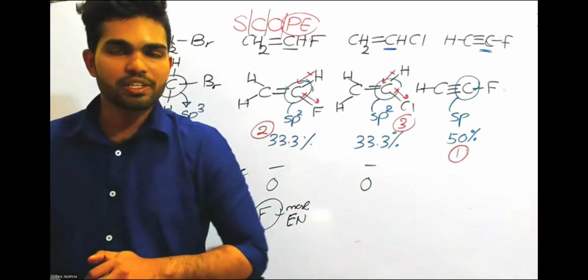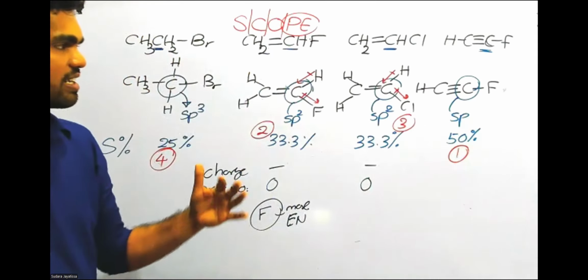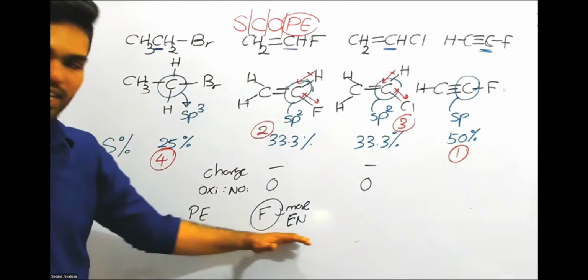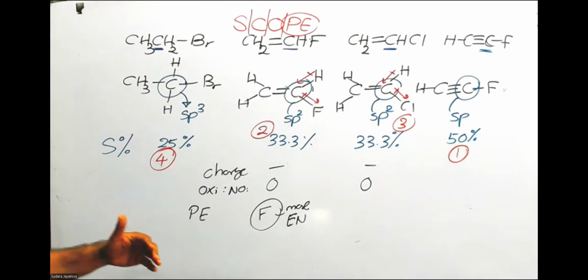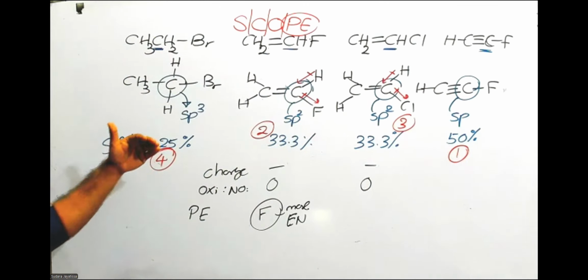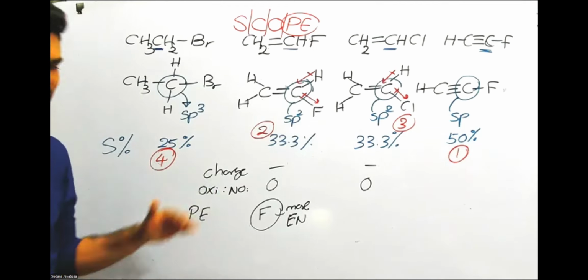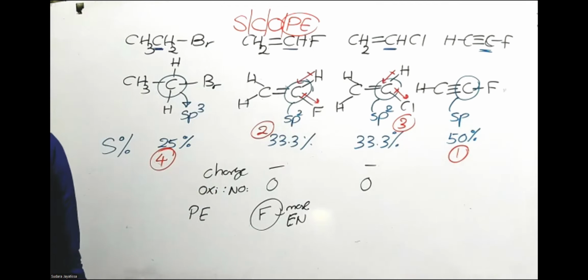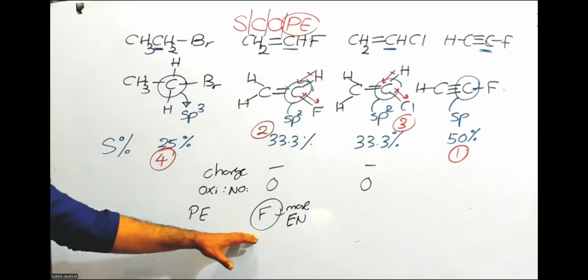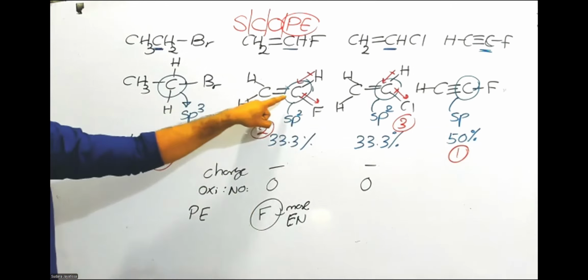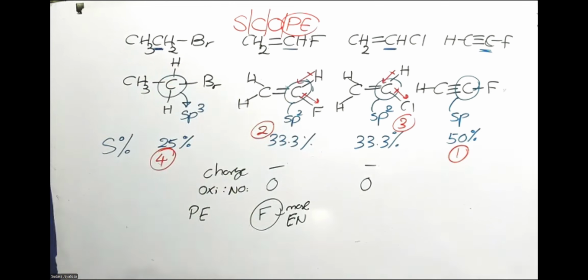Okay. There are very few questions where they check up to the peripheral atom electronegativity. Mostly they stop around the S percentage or charge or oxidation number. So studying this question is a better thing. Remember, if the peripheral atom is more electronegative, then our central atom is also going to be more electronegative.